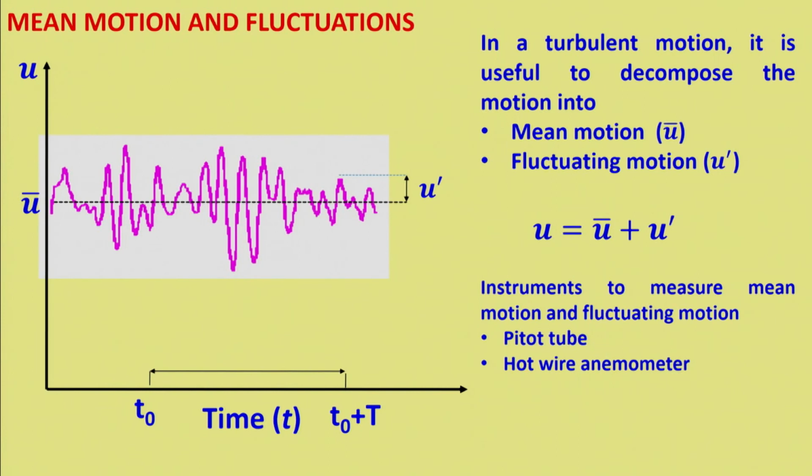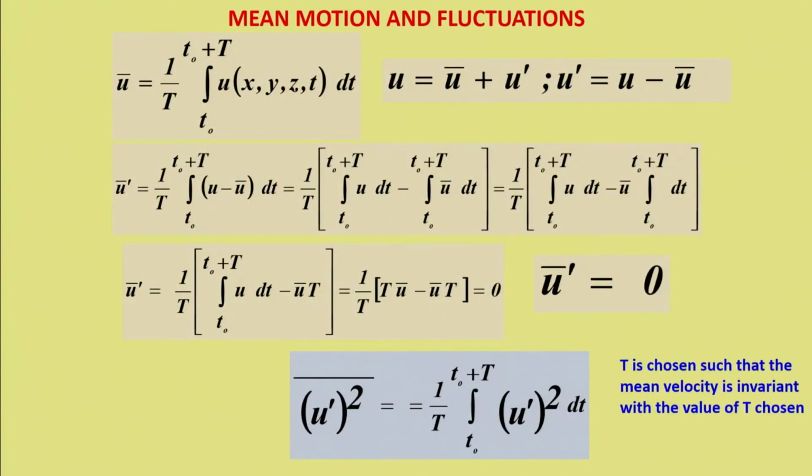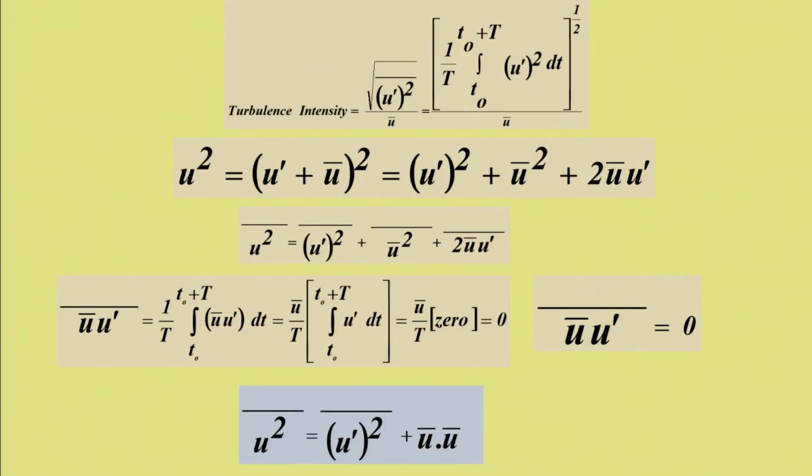So let's quickly recollect the whole of the turbulence fundamentals. What did we do? We took up the Reynolds averaging. We took the conservation equations and introduced the Reynolds averaging by decomposing the flow into mean flow and the fluctuating component, and defined u bar and figured out that u prime bar equals 0, and we defined turbulence intensity as root of u prime squared bar upon u bar.